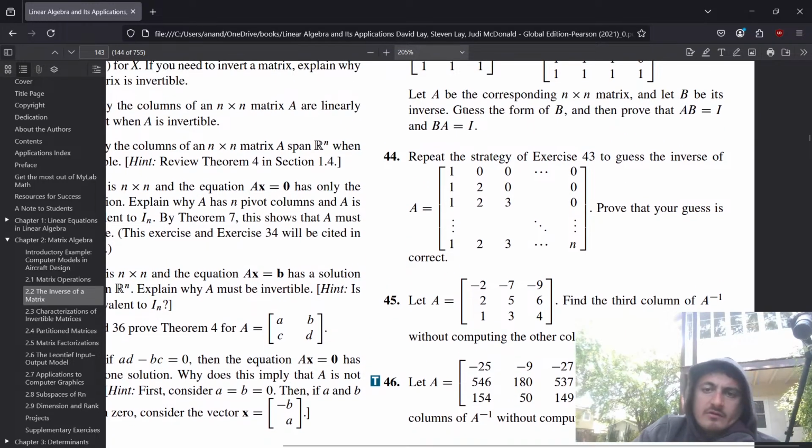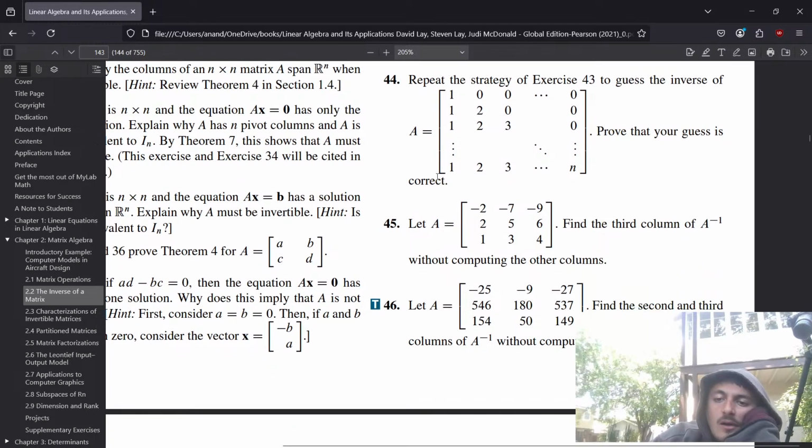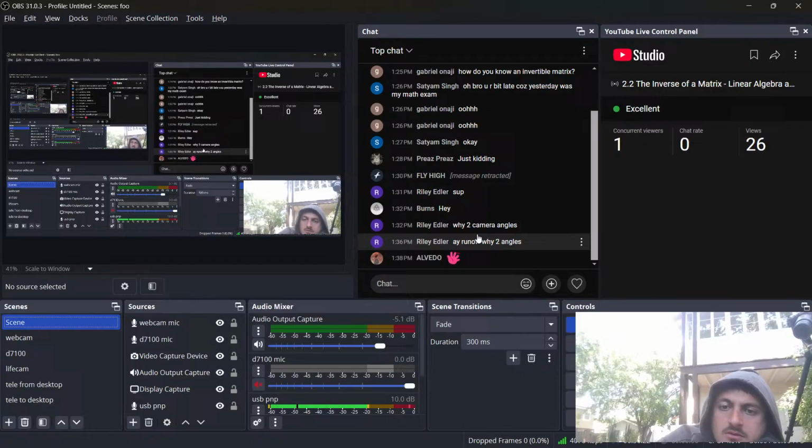44 might be kind of fun, actually. Find the third column. 45? I don't know how to do that. Find the inverse without. Oh, check this out.